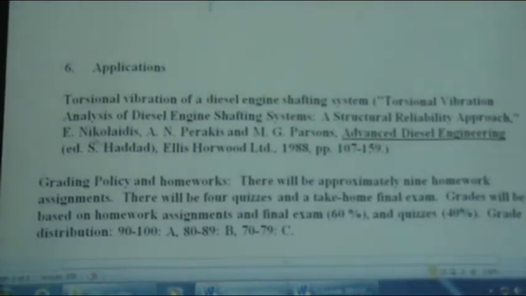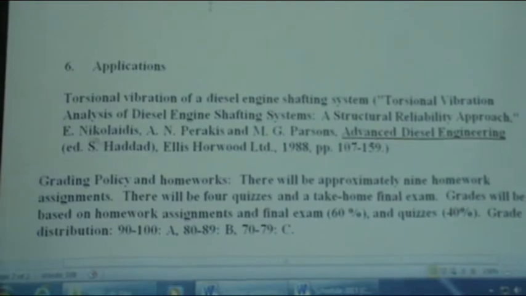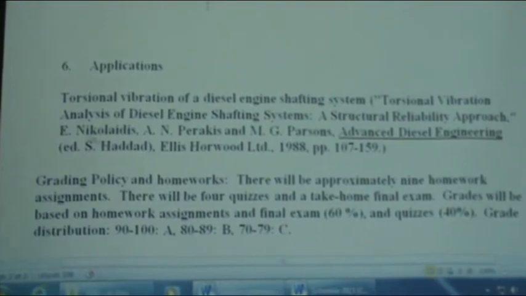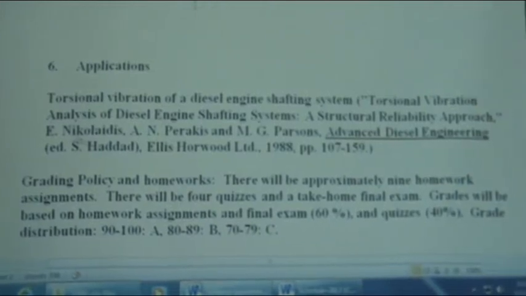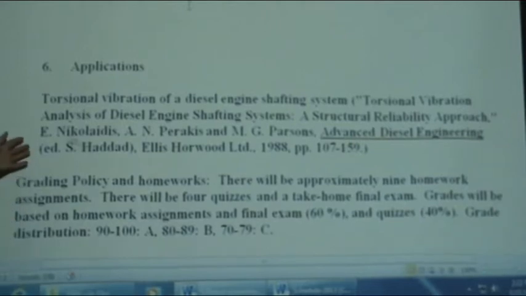This is a paper that I have authored, as you can see, long time ago, that deals with the torsional vibration of a system, a propulsion system of a diesel engine. And this is a good application of what you learned in the previous chapters to a real-life problem.